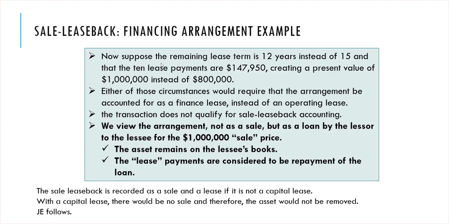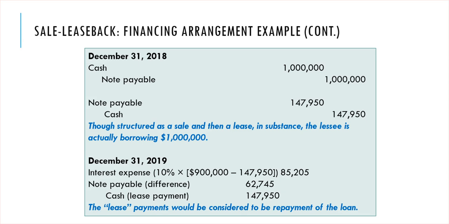This one is an example of where it does not qualify for sale leaseback accounting because in this situation it is not an operating lease. It has to be accounted for as a finance lease instead. So if it isn't an operating lease, then you do not have a situation where you get to record any gain at all.